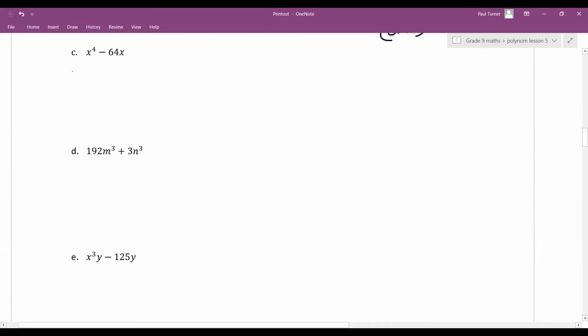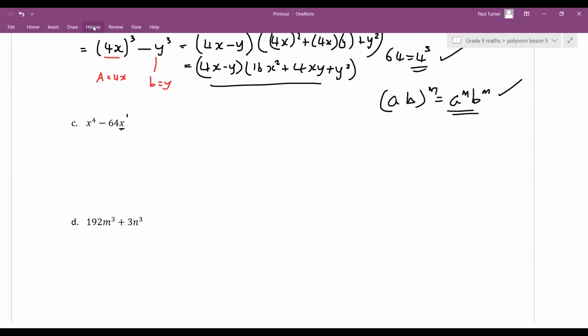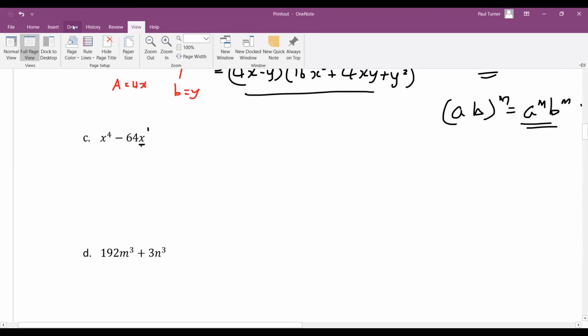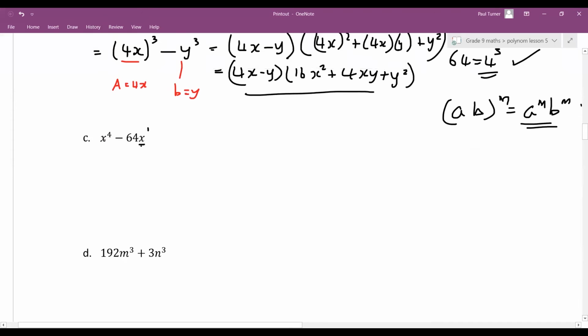So for this one, you see you've got an x to the 4, but you also have an x here, which is x to the power 1. Shall I make that larger? I might make it bigger. So x to the 4, x to the 1. So the common factor here will be x.